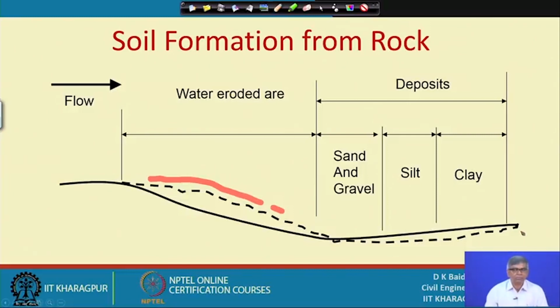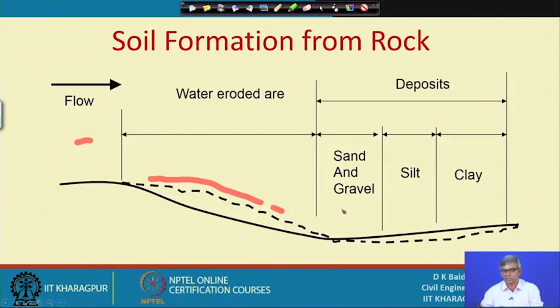While flow is taking place, obviously on this side the flow will be more, and because of this heavy flow, sometimes this bed, which is supposed to be rock, will be eroded and travel along with the water.